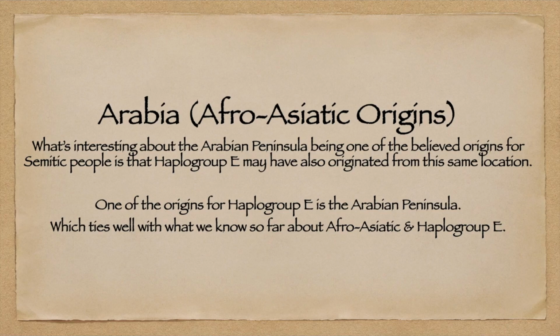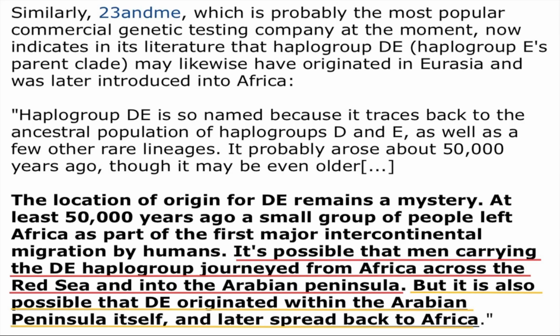What's interesting about the Arabian Peninsula being one of the believed origins for Semitic people is that haplogroup E may have originated from this same location. One of the origins for haplogroup E is actually the Arabian Peninsula, which ties well with what we know so far about Afro-Asiatics having haplogroup E. 23andMe has actually covered this.